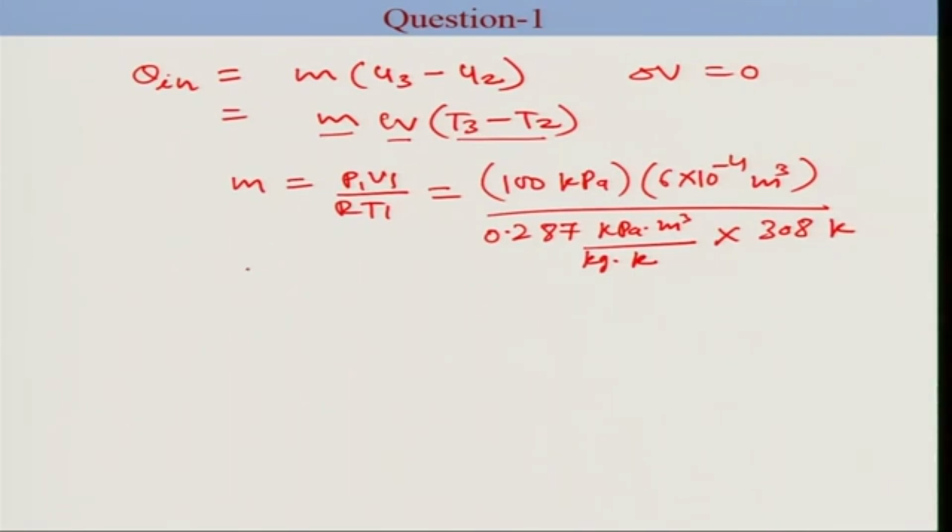After solving it we get m equal to 6.788 into 10 to the power minus 4 kg.